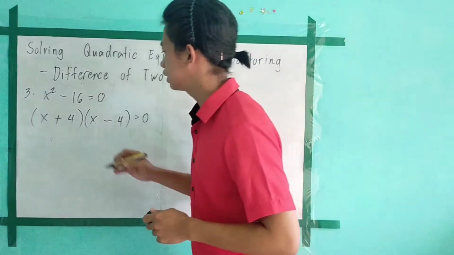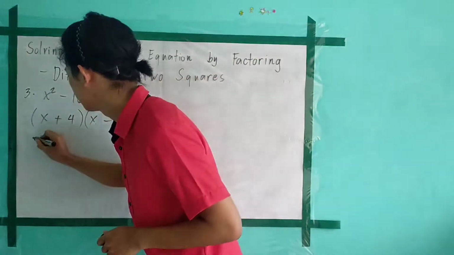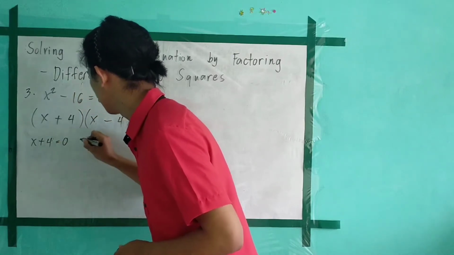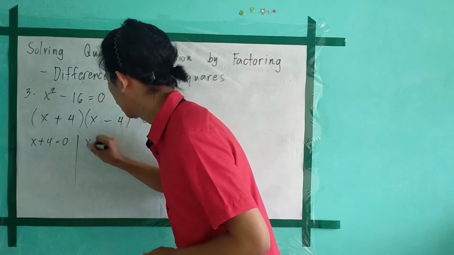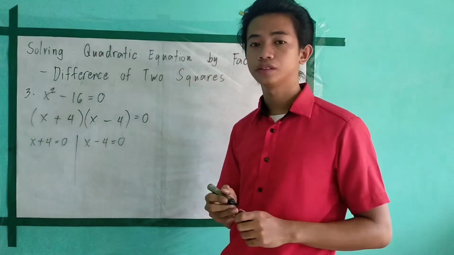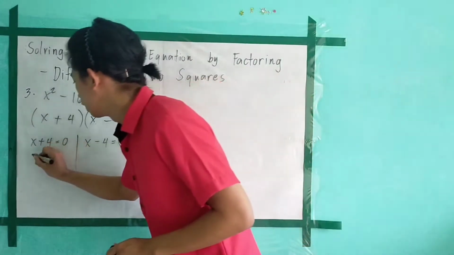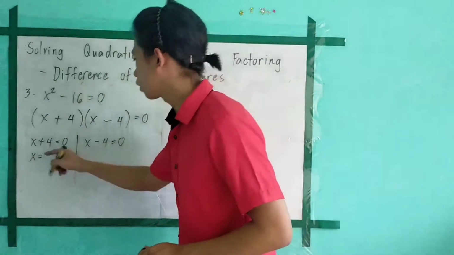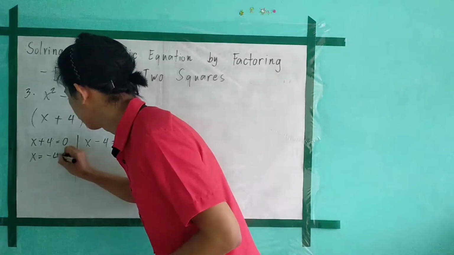Okay, equate natin siya sa 0. So, we have x plus 4 is equal to 0. And the other one is x less 4 is equal to 0. So, x is equal to transpose positive 4, we have negative 4 now.